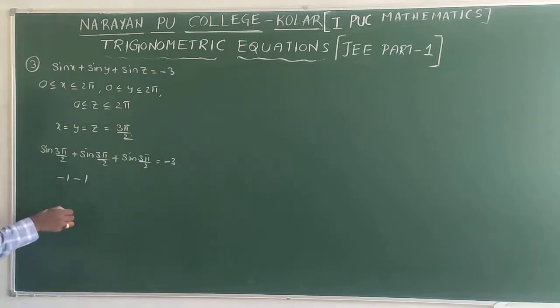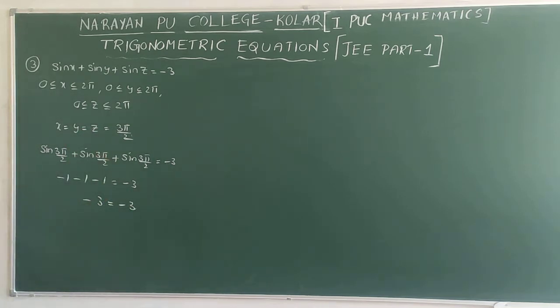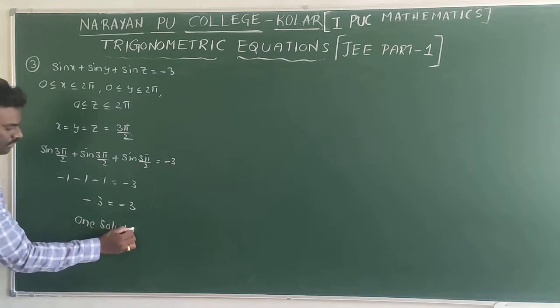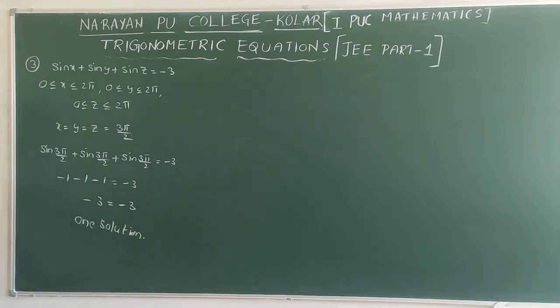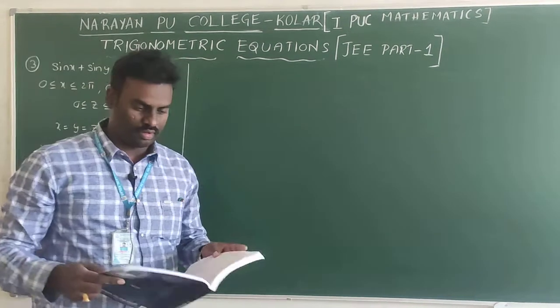Minus 1, minus 1, minus 1. So now 3 pi by 2 is the only solution. You will get the resultant value is -3. Therefore, you will get only one solution for this. That is nothing but option A is the correct answer.